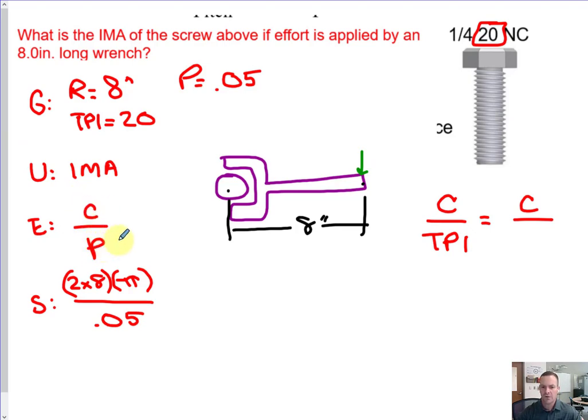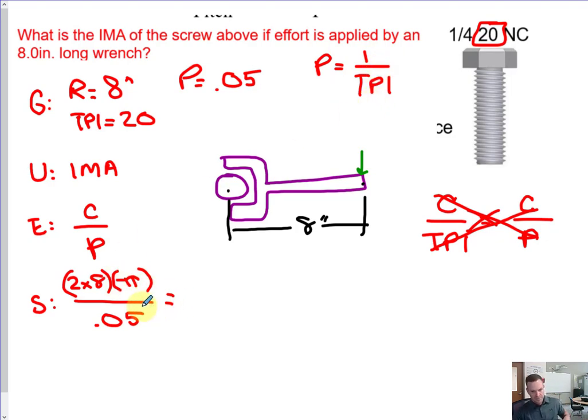And you must recall that to get pitch, pitch is equal to 1 divided by threads per inch. So make sure that you do not do circumference divided by threads per inch. You do circumference divided by pitch, which is 1 over threads per inch.